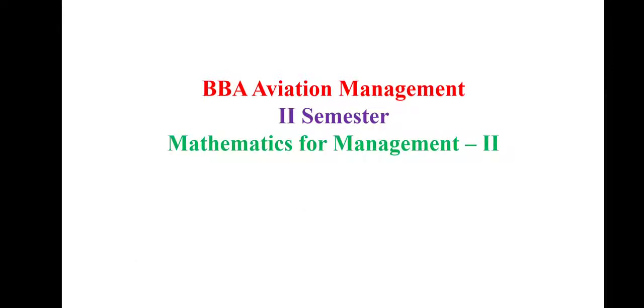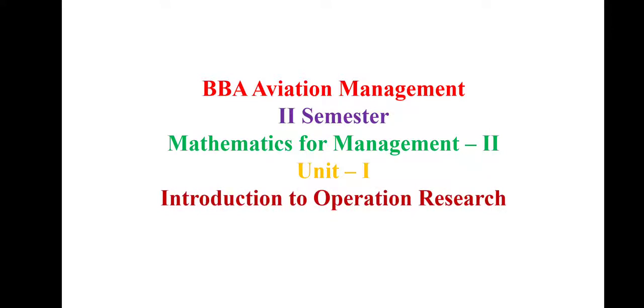Now I am going to explain the Bangalore University syllabus, BBA course Aviation Management, under the second semester. The subject is Mathematics for Management 2. Unit number 1 is Introduction to Operation Research. Here we will study what is meant by operation research, the definitions used, and the characteristics, functions, uses, importance and limitations of operation research.